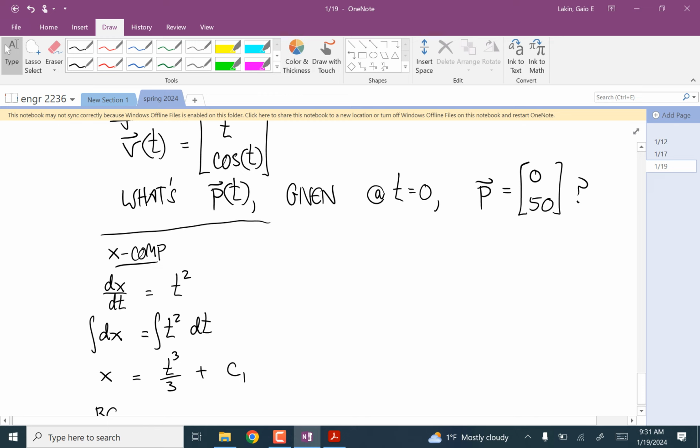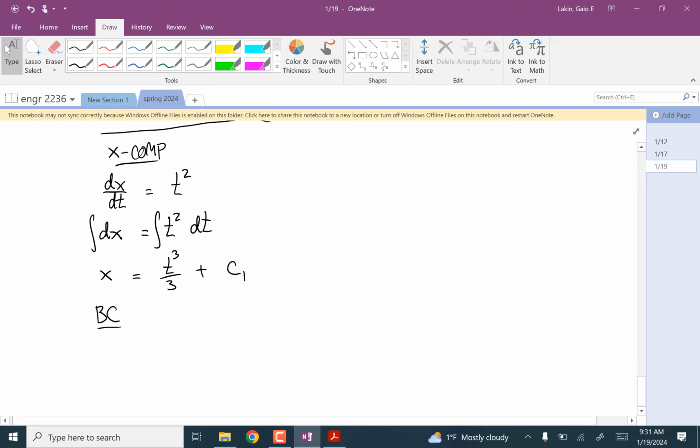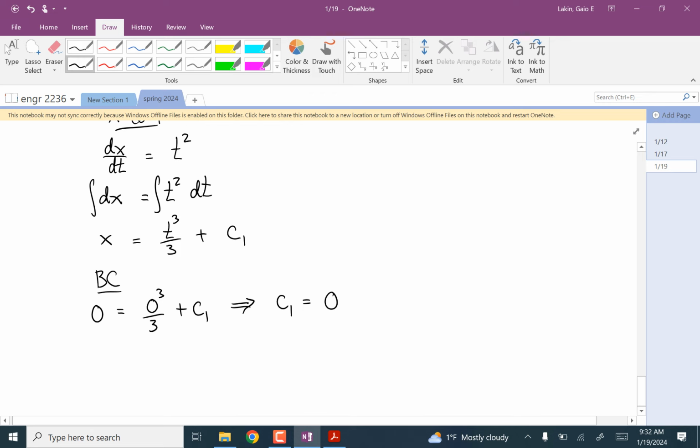The boundary condition says if you set t equal to 0, you have to set x equal to 0. So 0 is equal to 0 cubed over 3 plus C1. So C1 is equal to 0. And so now I can just update this. I knew this function, I just didn't know C1 yet. Now I know it, so my final value is that x as a function of time is t cubed over 3.